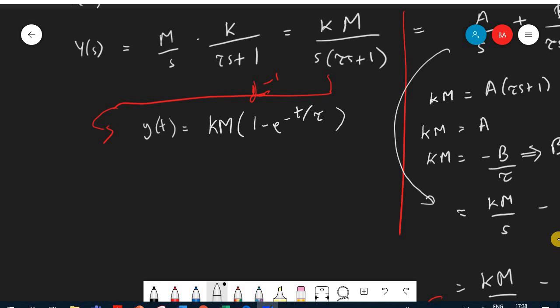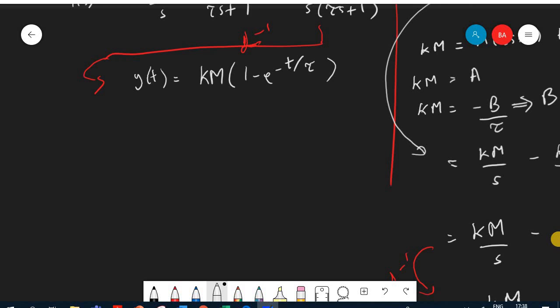The transfer function which describes the system appears in the k, which is the sensitivity, and the response time, which tells whether it is fast or slow. So I have all the information of the step input and of the process within this function here.